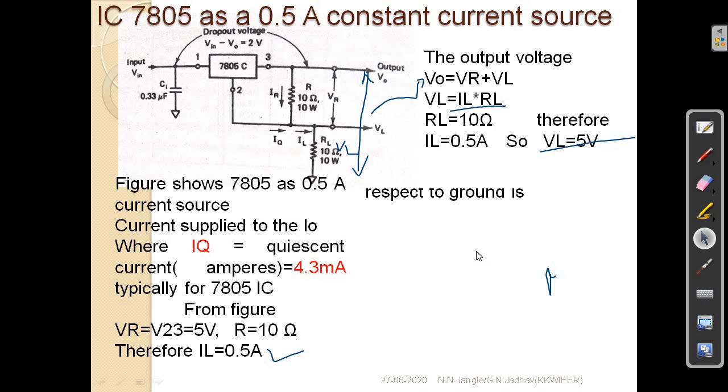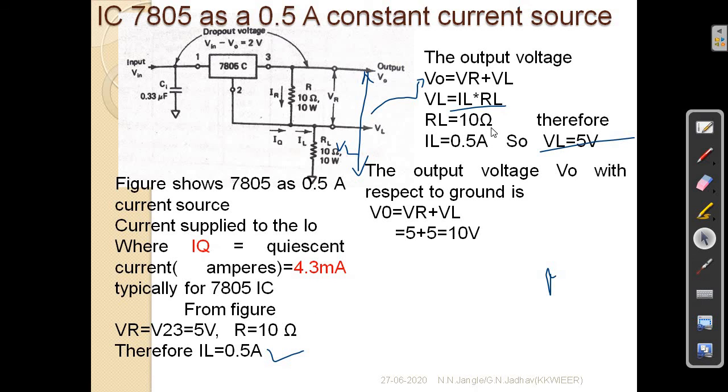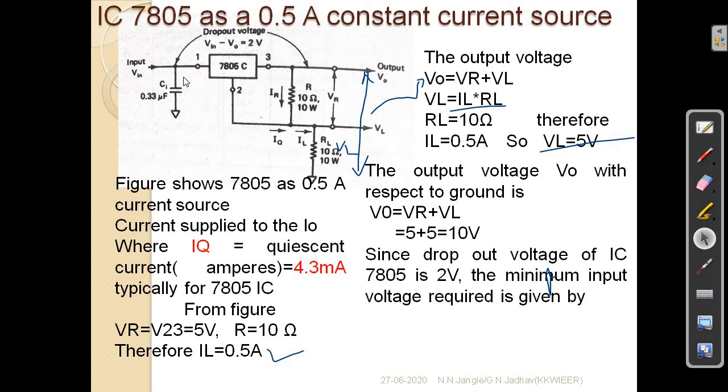Then the output voltage V0 with respect to ground is V0 equal to VR plus VL. VR is 5 volts and VL is 5 volts, so the total output voltage is 10 volts. Now we need to calculate the input voltage, since the dropout voltage of the IC is 2 volts. How much input voltage do we require to get the 0.5 ampere?